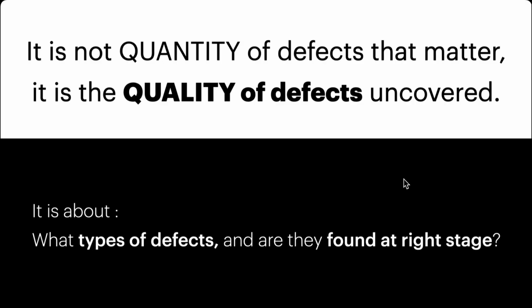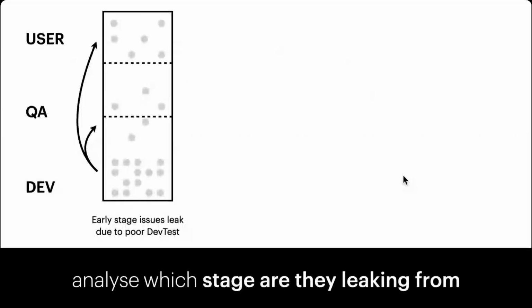So if I could get a better sense of what kind of issues I'm finding, and if I can really find the right ones at the right stage, then that would be far smarter. Okay. So the thing that we're trying to think about is, if I put in a simple three-stage model where there is somebody who's constructing, somebody who's validating the system, and somebody who's consuming the entire system, and then look at its three stakeholders of dev, QA, and user, and then we say there are different kinds of issues.